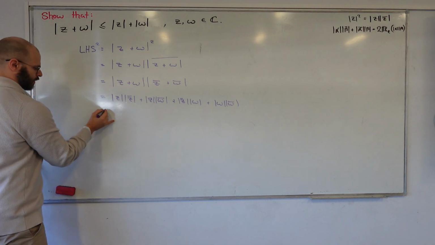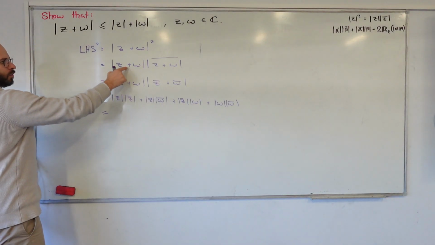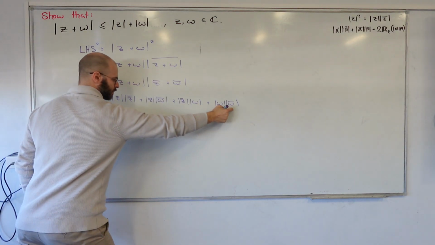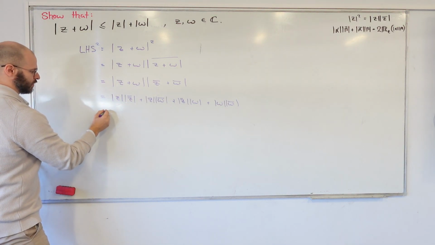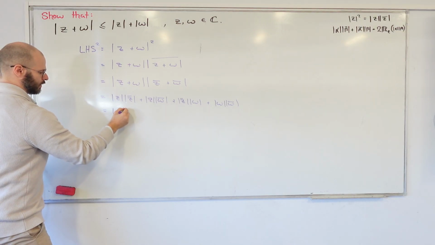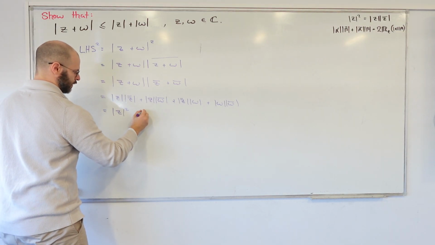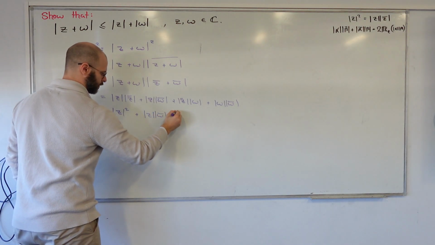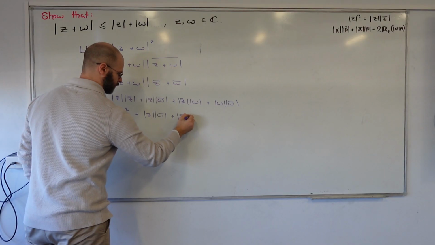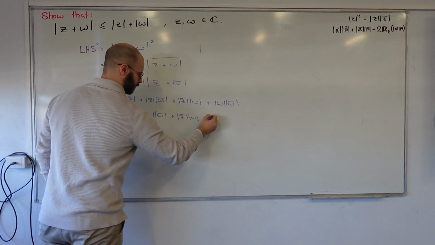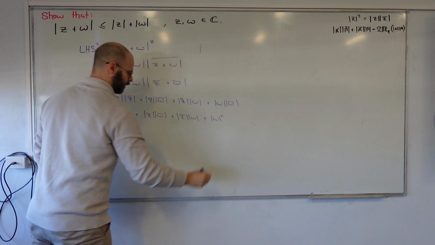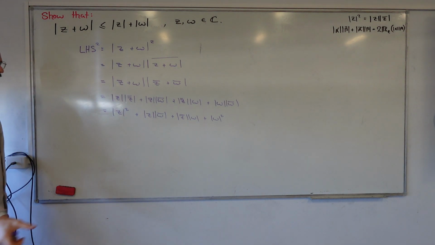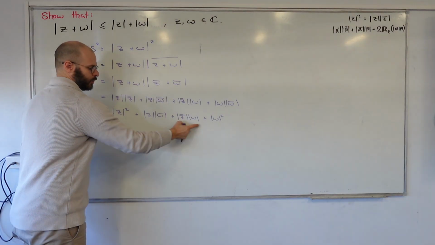Next step. What we did to get to here, we're going to go from there back to there with these guys. So these are just going to turn back into modulus Z squared, like so. And then we're going to prepare for the next transformation. See how we've got these two terms in the middle here?